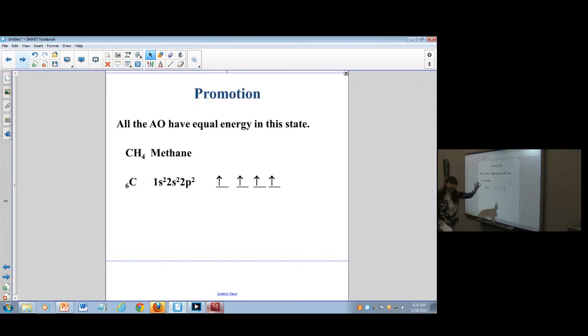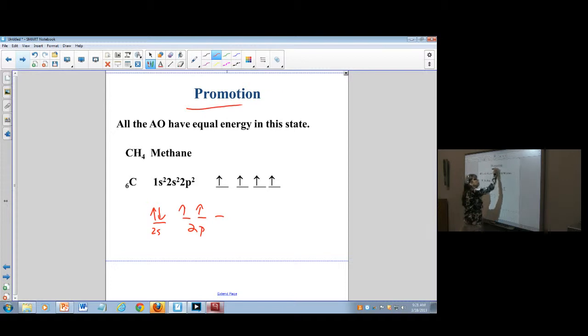Okay, the other model in chemistry, even though models are great and they often explain things, they don't always explain everything. And so sometimes we need a different model to explain more things in order to make it comprehensible. So remember, our earlier carbon was 2s and 2p, where we had a full s and just 2 electrons in our p orbitals.